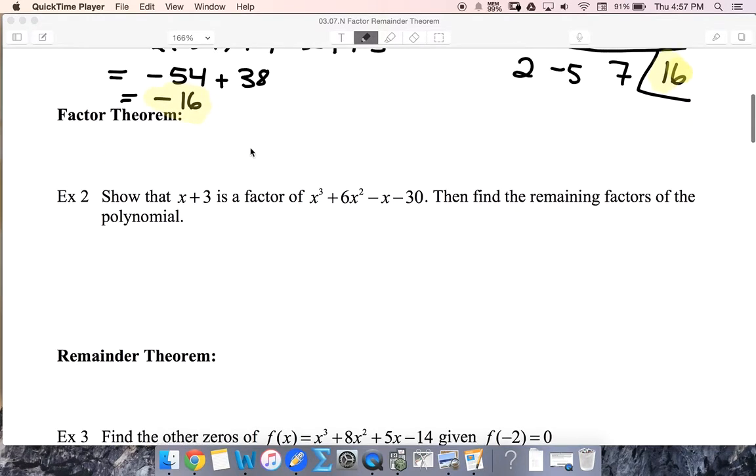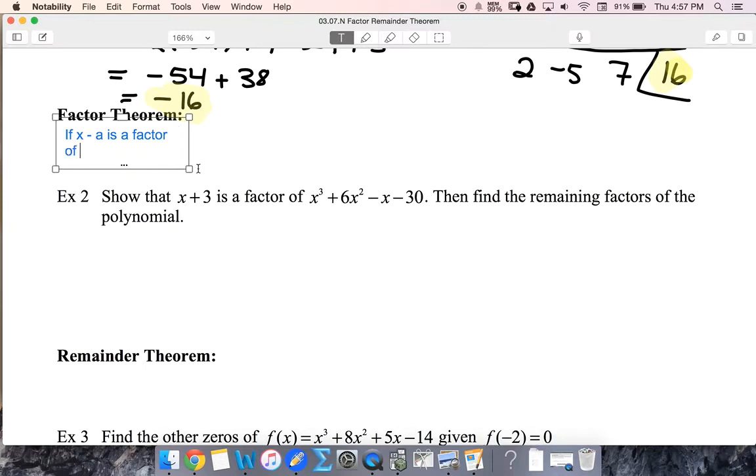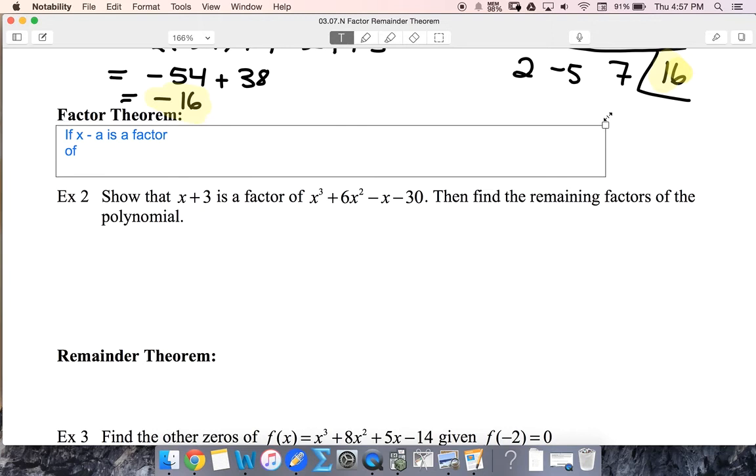The factor theorem says that if x minus a is a factor of our polynomial, then the remainder has to be 0.